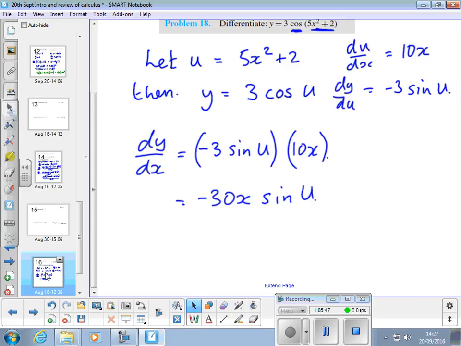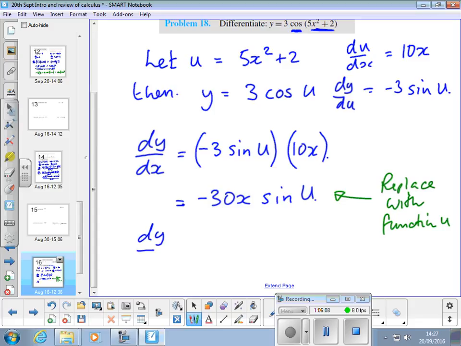And then what we do is we replace u with the function we set to equal u. So we just plug that u function back in again, and we say dy by dx is equal to minus 30x sine brackets 5x squared plus 2.